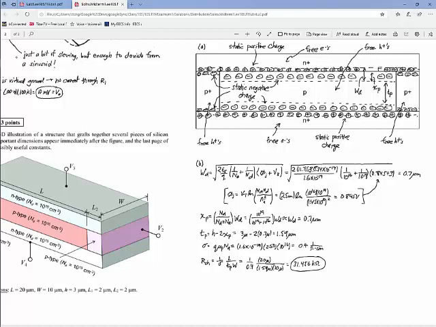Because the resistance is proportional to the length divided by the thickness T and the width. And so the length and the width stay the same at all times, but my T gets smaller when I increase the voltage on the N pluses. See what I'm saying? Does that make sense?